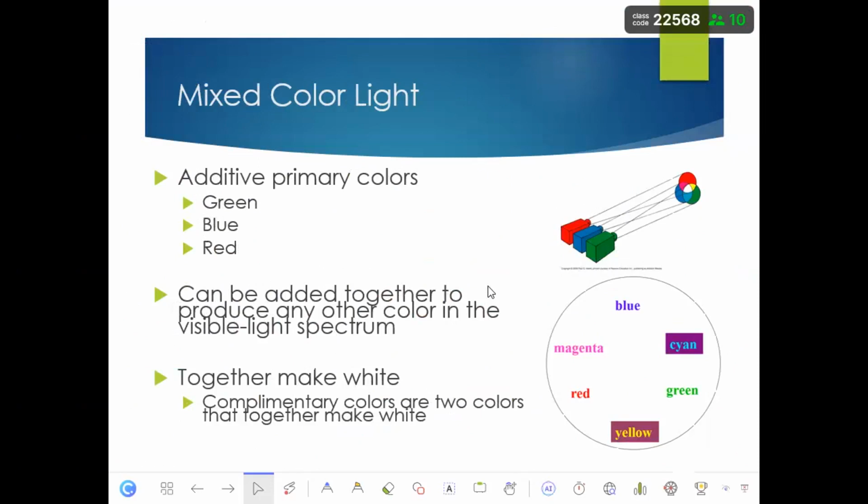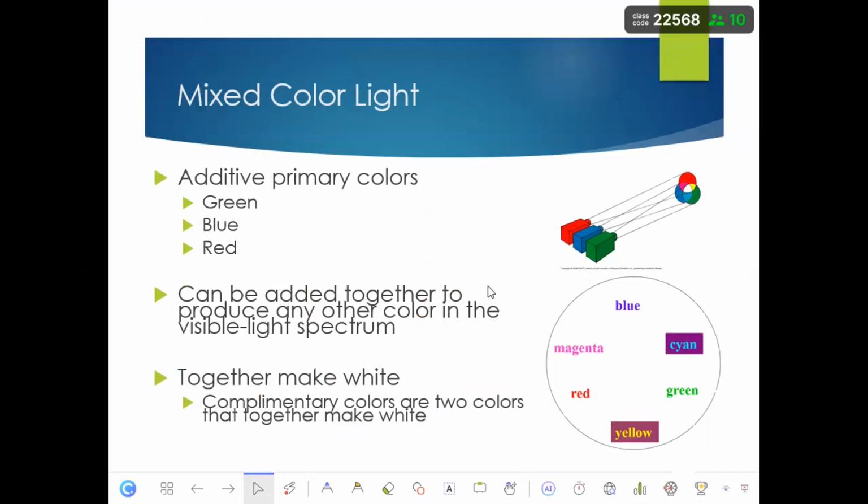Red and green is yellow. Yes. And then green and blue is cyan.